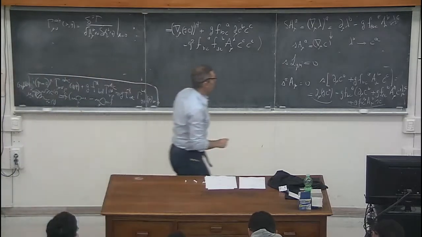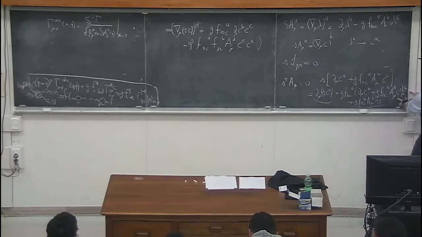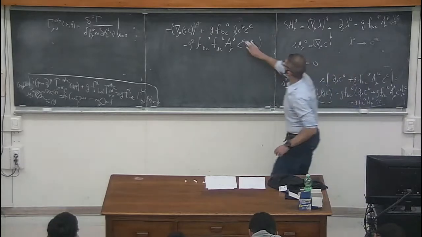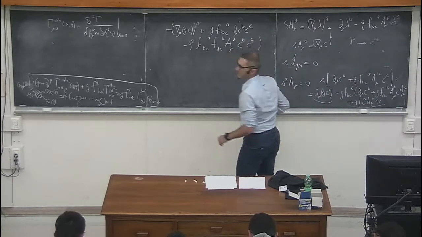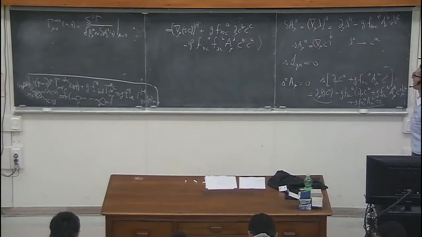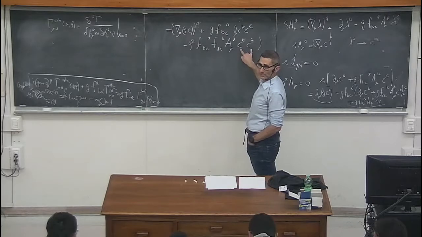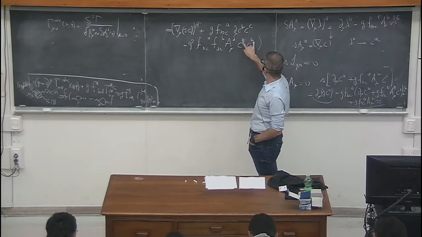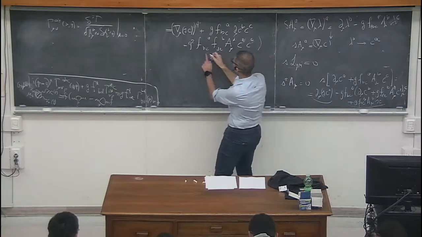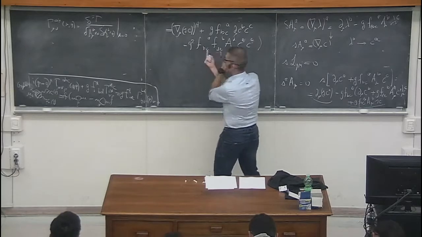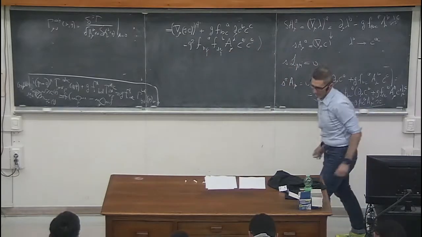So no, the order is wrong. Yes, E and C, like this. Now here it happens the following. First of all, this is an antisymmetric quantity. Being antisymmetric means these two indices here must be antisymmetrized correctly.